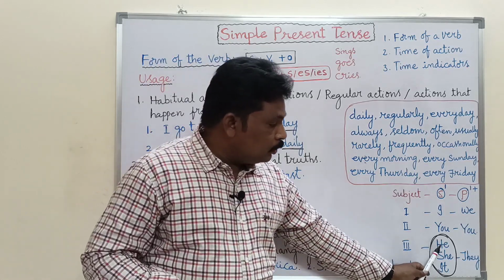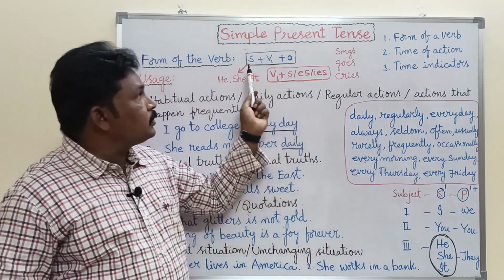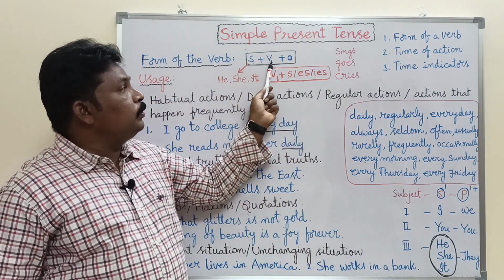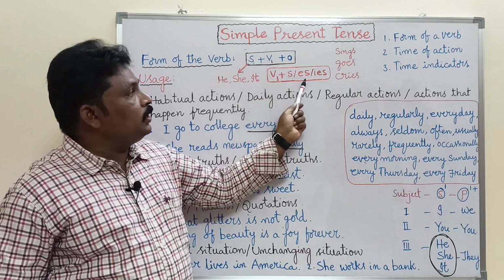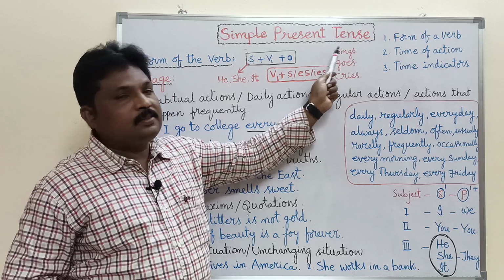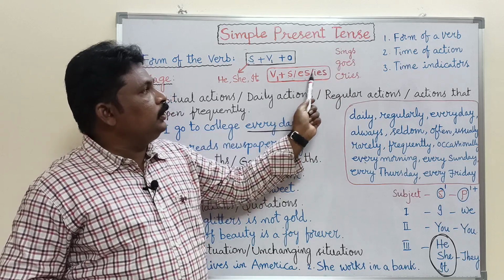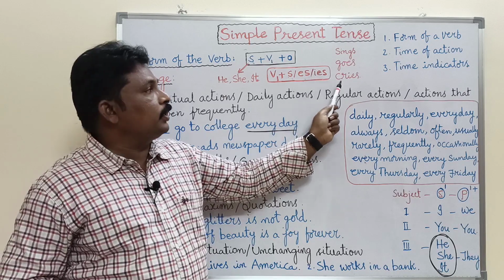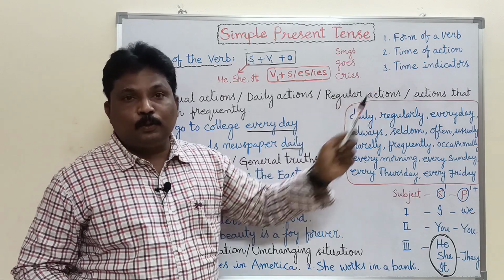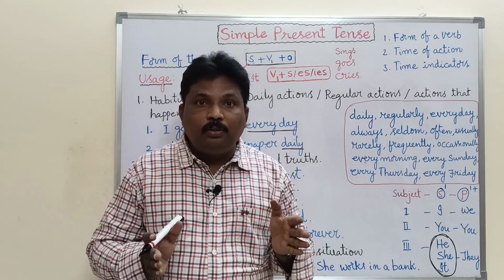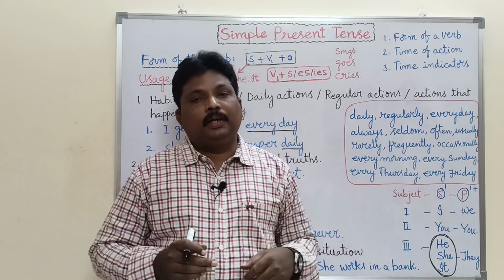Whenever the third person singulars are used as the subject of a sentence in simple present tense, the verb takes s or es or ies. Some verbs take only s, like sing, sings, and some verbs take es, for example go, goes. Some verbs take ies, for example cries, flies. So this is an important rule to be followed while speaking and writing.